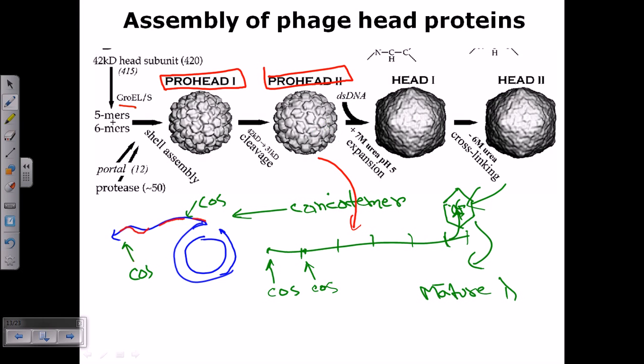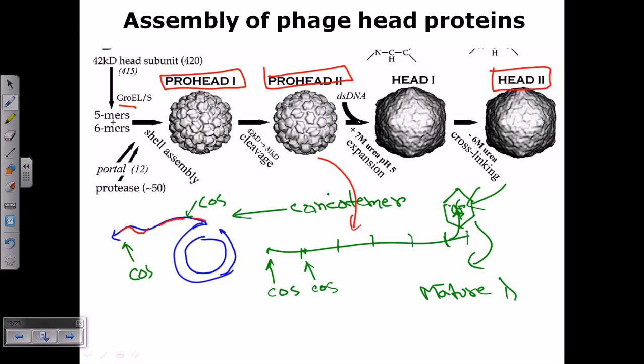This is very, very important: before the full maturation of the phage head, it is required to insert the gene segment, or the genome segment, of the phage inside the head, right? So DNA is injected there. After the injection, the head is matured, and then the cross-linking of the head is conducted, and the head is finally made with head 2. Okay, so that's how the whole process is done.